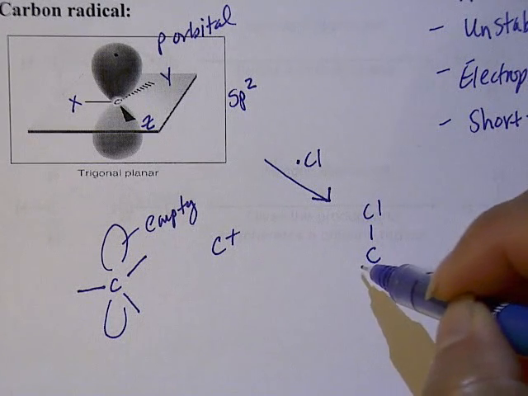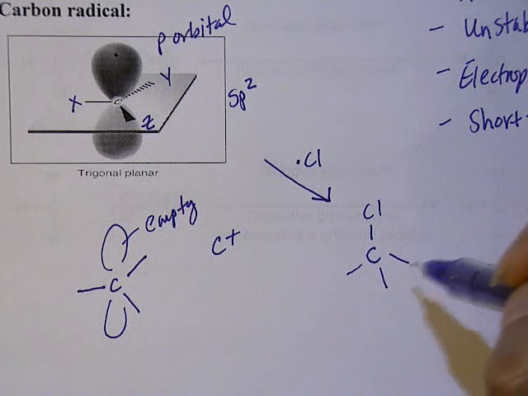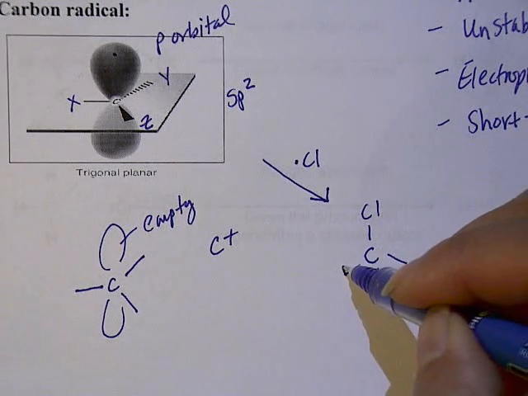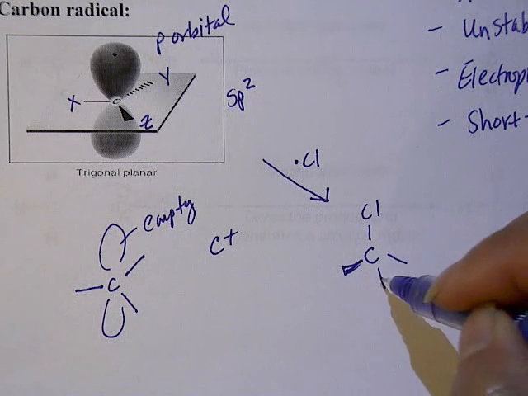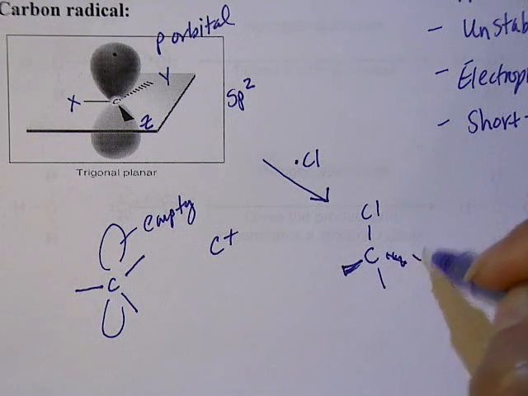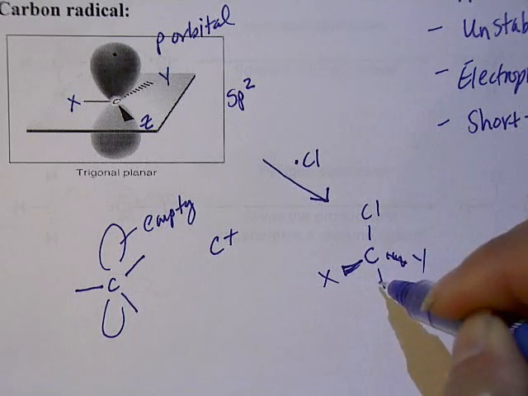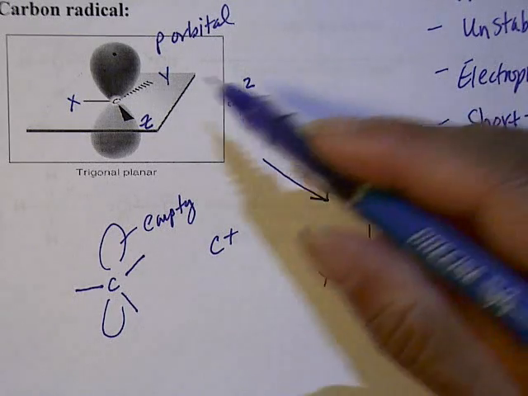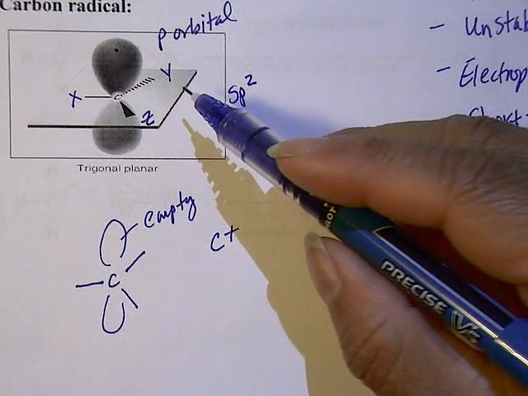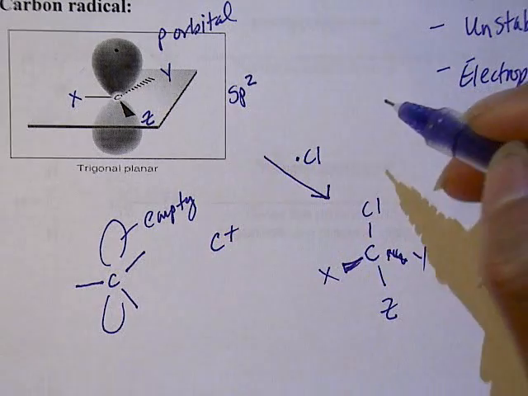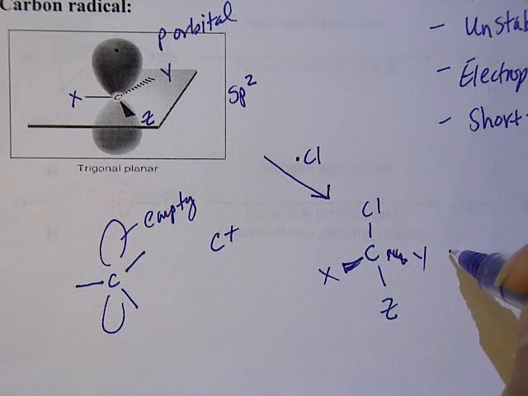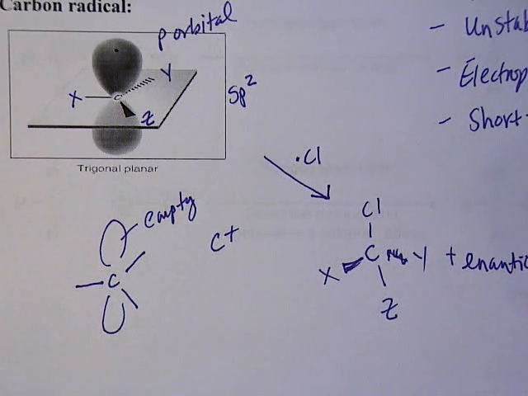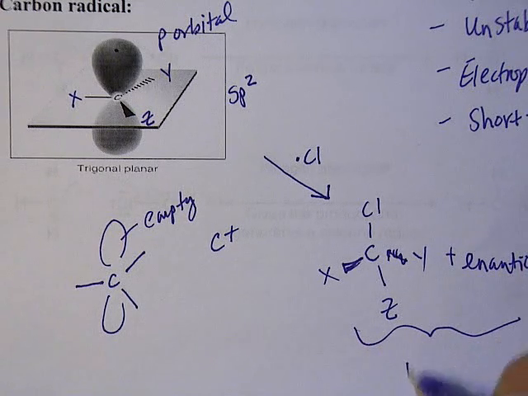Then what's going to happen is that you're going to form a racemic mixture, because, let's draw Y, X, and Z, the chlorine radical could attack this p orbital equally from the top or the bottom. And you would have this plus the enantiomer, and so you would get a racemic mixture.